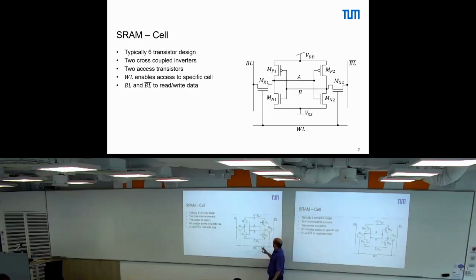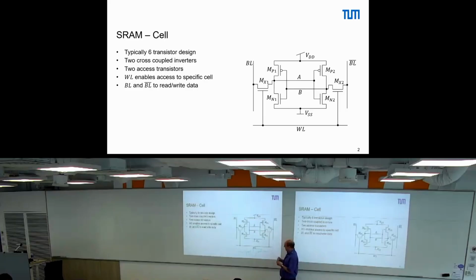If we want to read, I start first with the theoretical part, we close the switch. When the switch is closed, we can access the internal nodes and we can read, right? So from a high-level perspective, I think it is pretty clear what happens here.